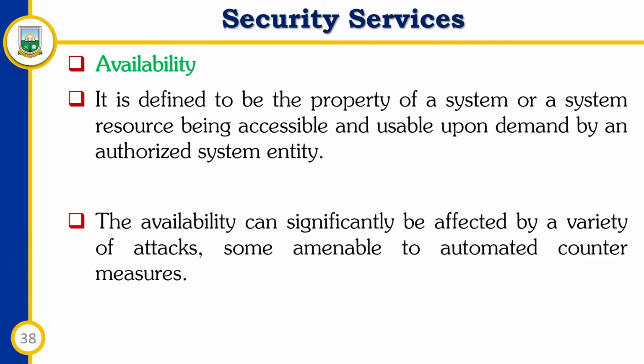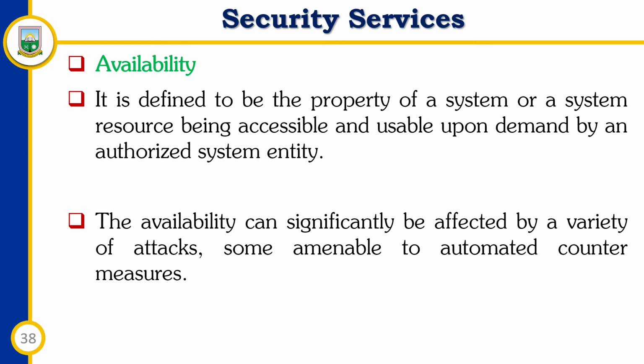Still on security services, the last one I'm going to talk about is availability, the last component of the AIC triad. It ensures timely and reliable access to and use of information and system resources.